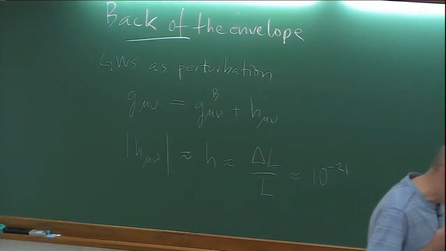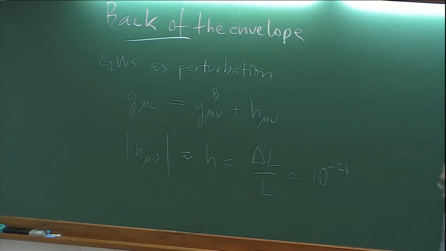The estimate I'm going to write down comes from relating this h to the flux of gravitational waves, so the gravitational wave luminosity or the energy loss of a given system. This is a result you can write down based on dimensional analysis. You don't need to put in any numbers at all, but I'm going to put in the numerical factors anyway.